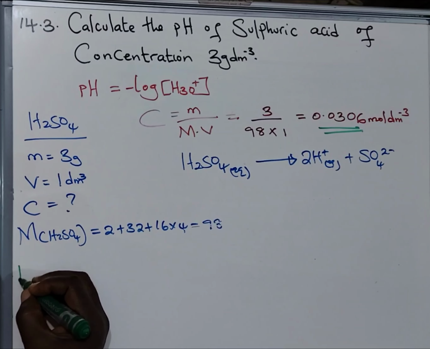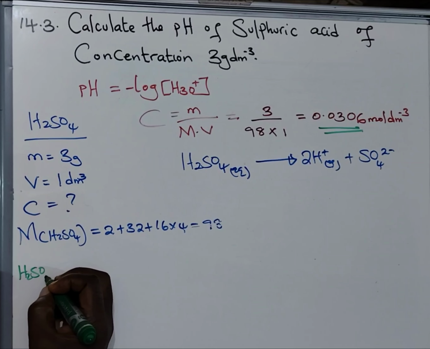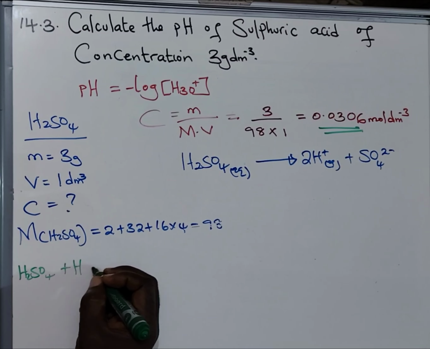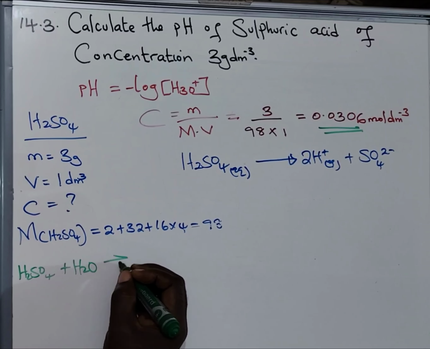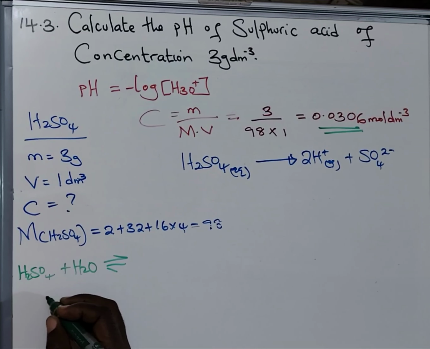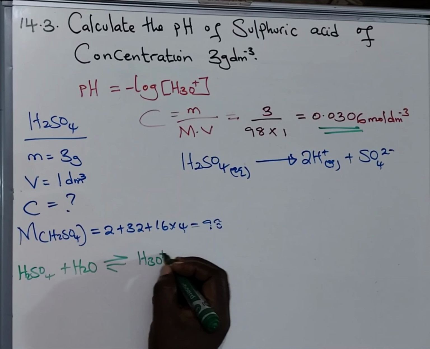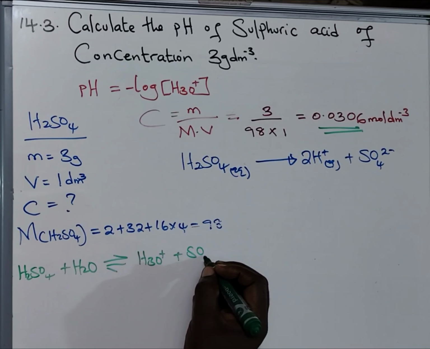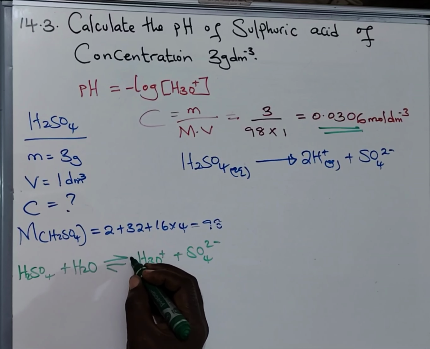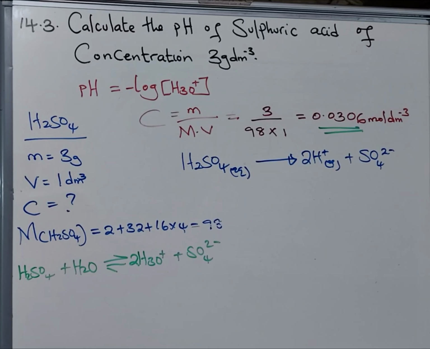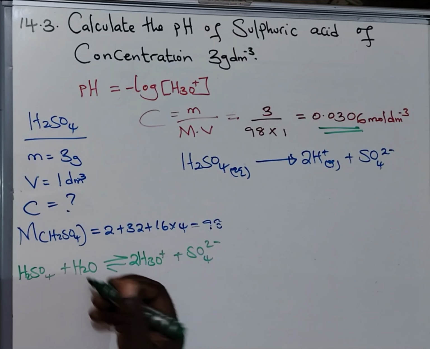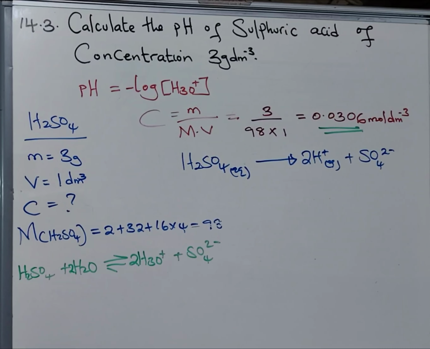With water, we are going to have sulfuric acid plus water, giving you, okay, so the acid donating there, we get hydronium ion plus sulfate ions. You balance by putting a 2 here. When you put a 2 here, this becomes 6. So it means that you have to put a 2 here.